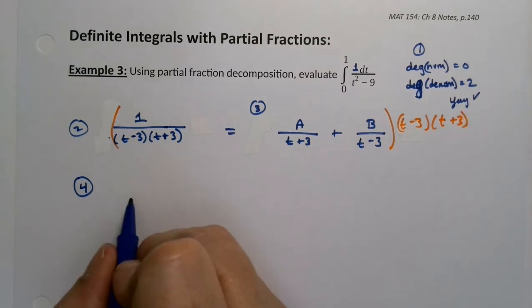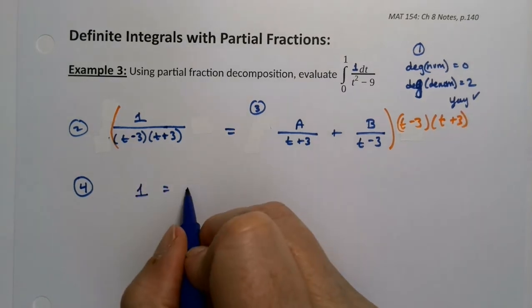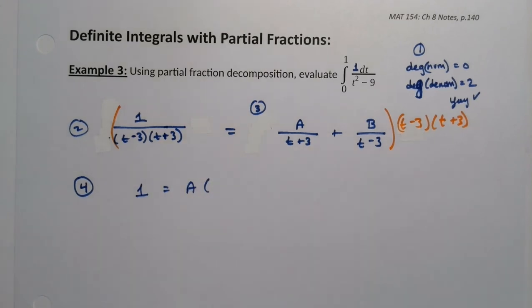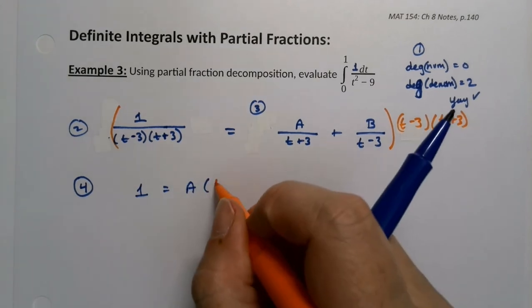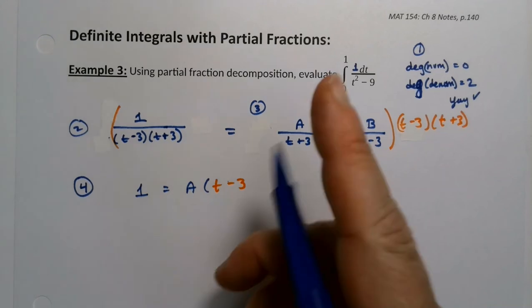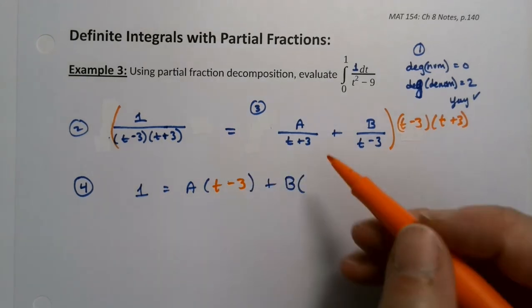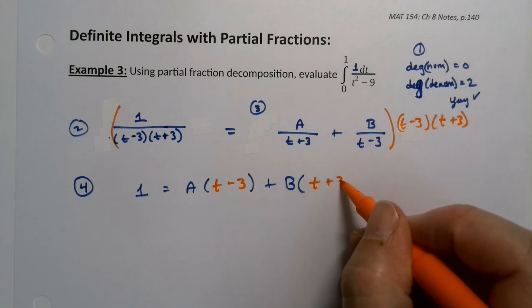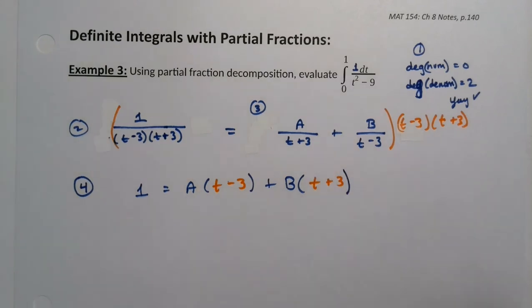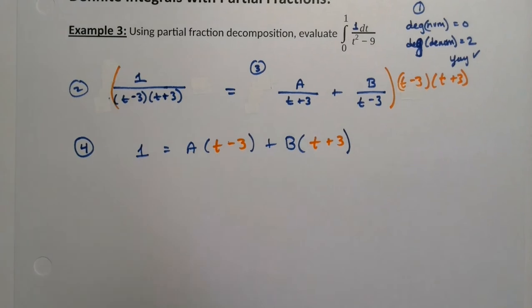And that gets you 1 equals A times t minus 3, because the t plus 3 will cancel on that one, plus B, and there the t minus 3's cancel, and you're left with t plus 3. All right, so there's step 4.